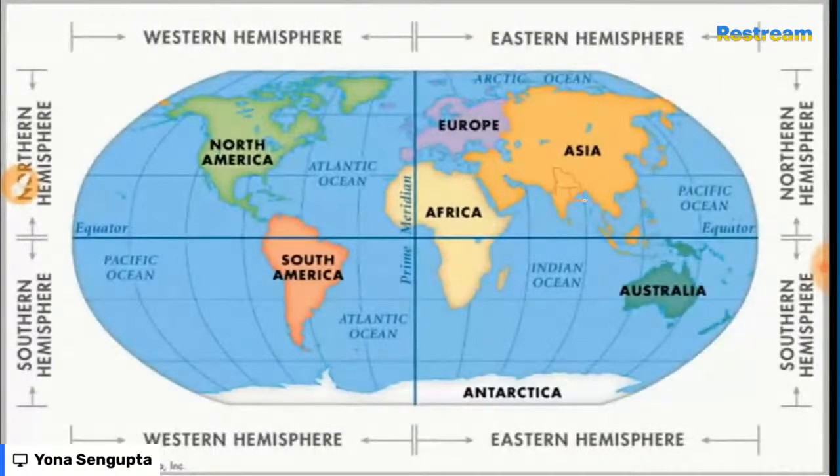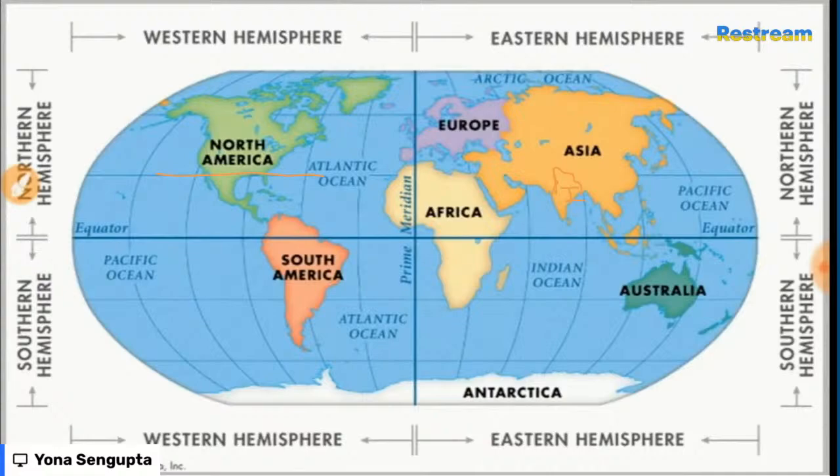Okay, so you can see that the Tropic of Cancer, which is 23 degrees and 30 minutes to the north, this is the Tropic of Cancer. I hope you can see again.